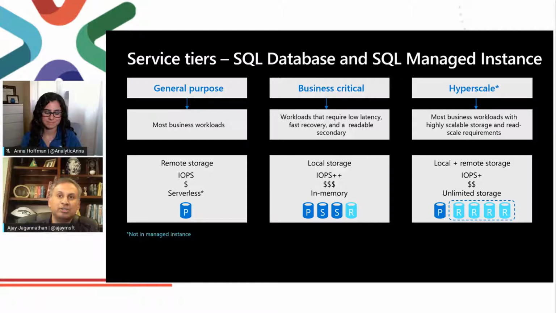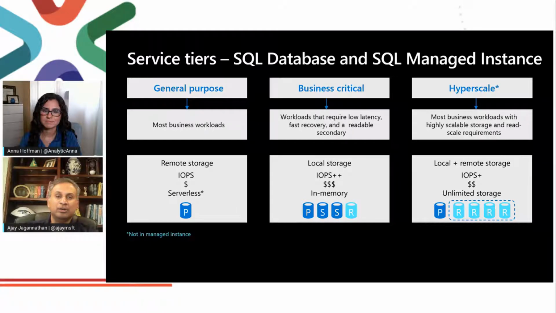But then as your business workloads grow and your application grows, so does the service. It can automatically scale up to 100 terabytes of storage and also multiple read replicas, yet give you the highest performance in terms of IOPS as well as read scale.